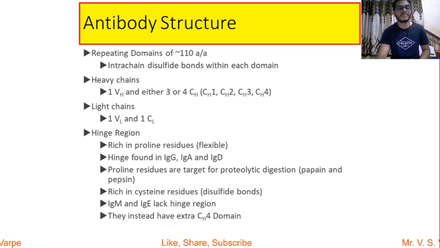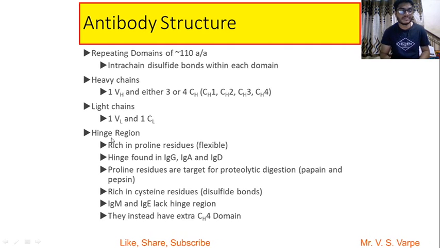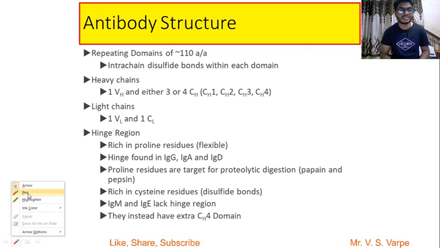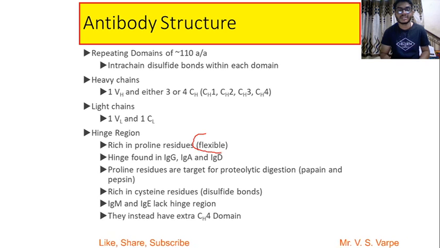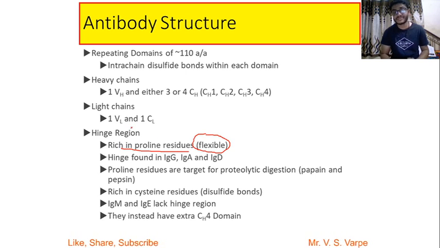The next point is the hinge region. This is a very important part of the structure of an antibody, and this hinge region is a flexible region. In this flexible region, proline-rich residues are present, and that's why it has flexibility.